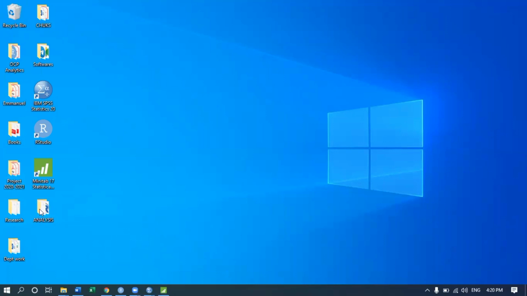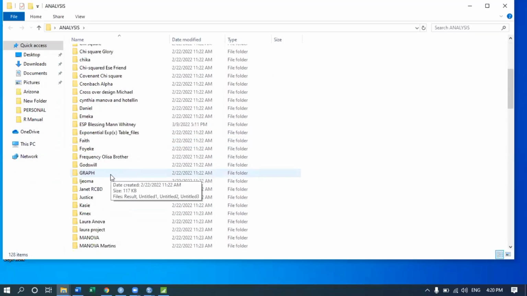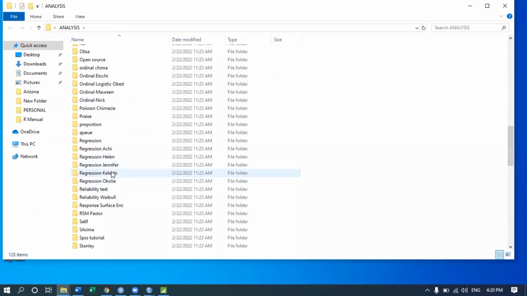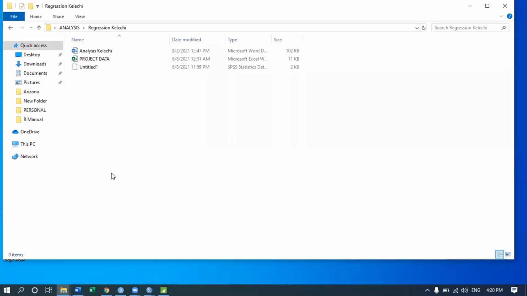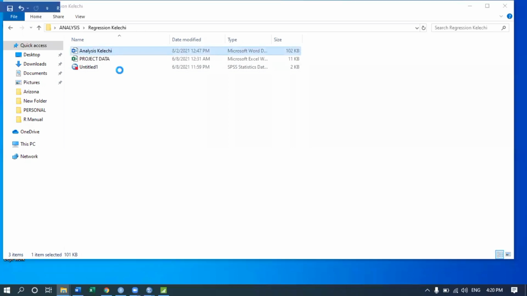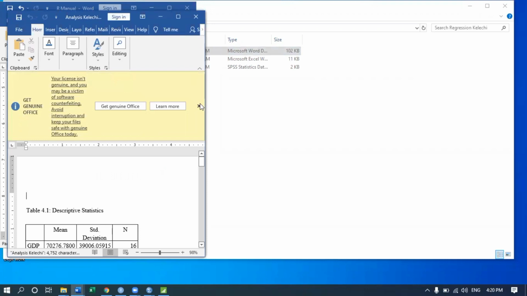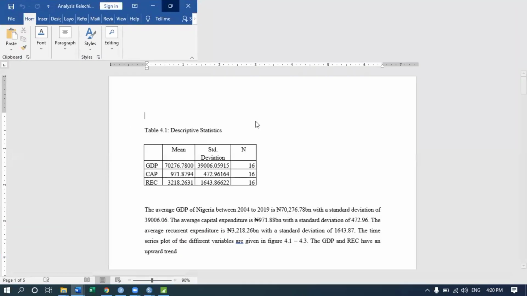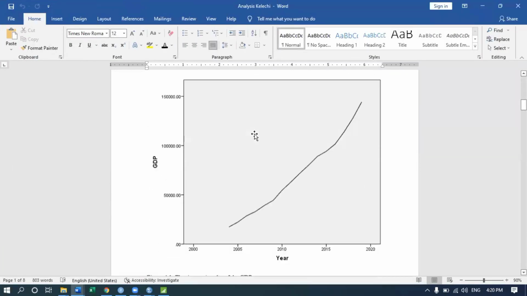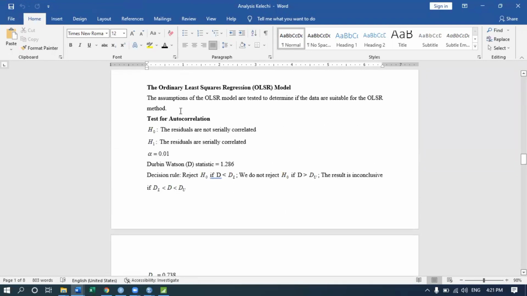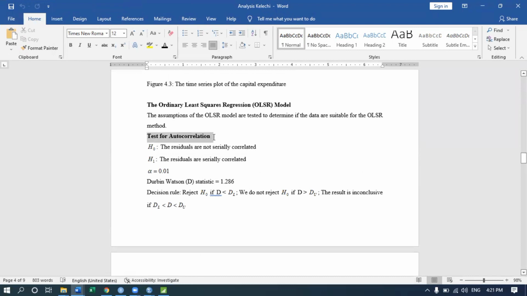Okay, analysis. Let me see analysis on regression. So this is a test for autocorrelation.